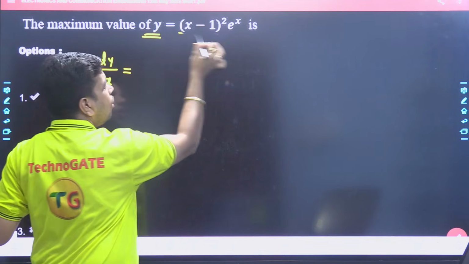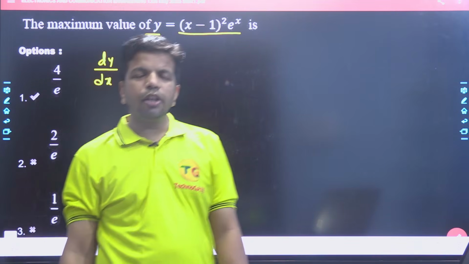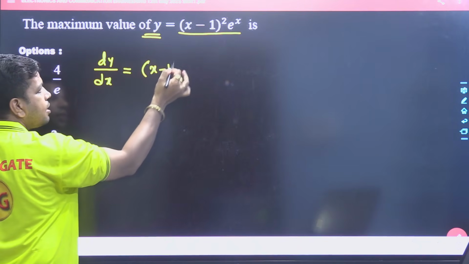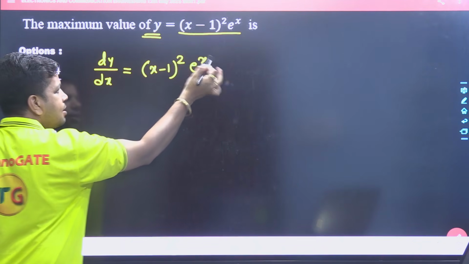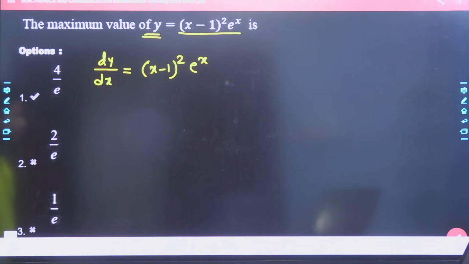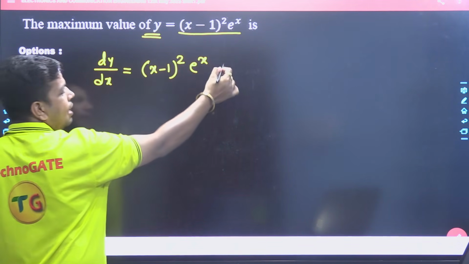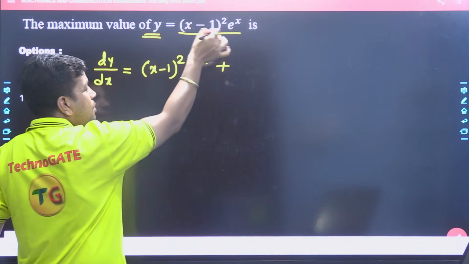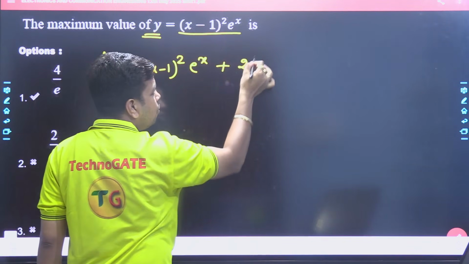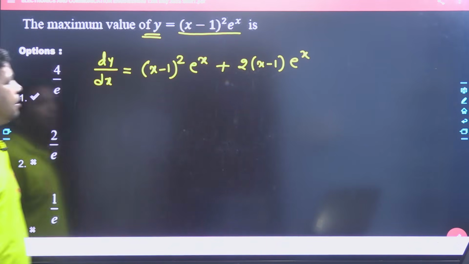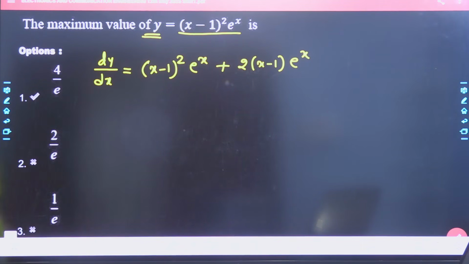On this side we need to apply the product rule. The first term (x minus 1) square as it is, times the differentiation of e raised to x, which is e raised to x only, plus now the differentiation of (x minus 1) square, which is 2(x minus 1) times e raised to x. So that would be the differentiation. Are you getting that point?